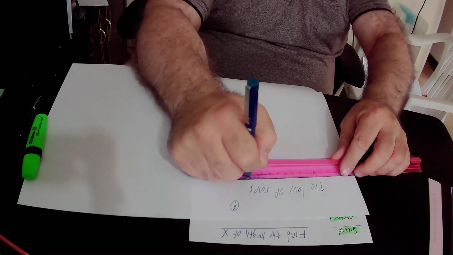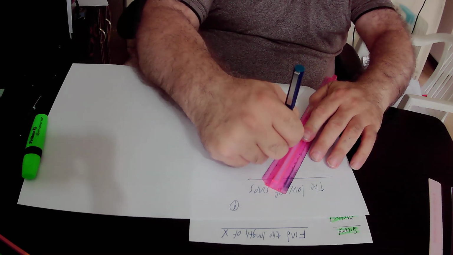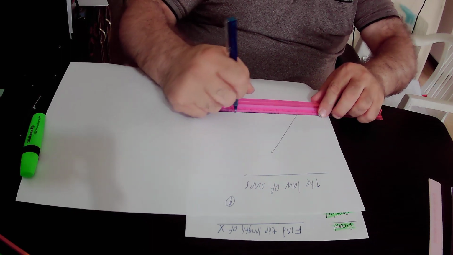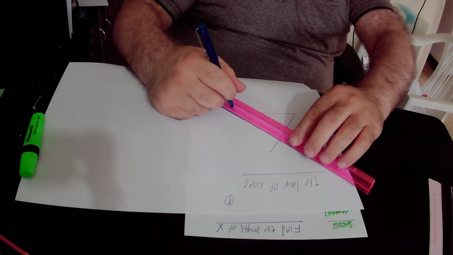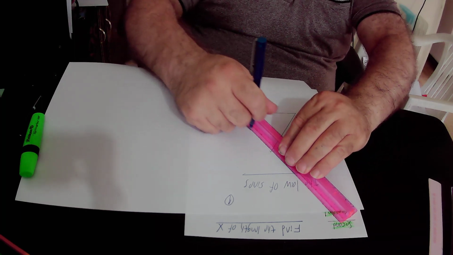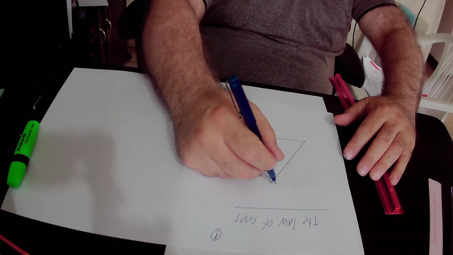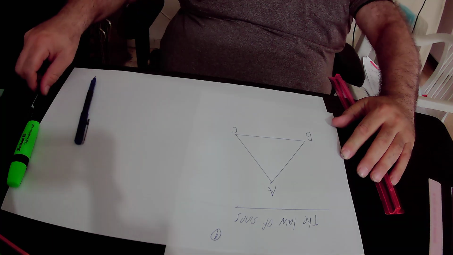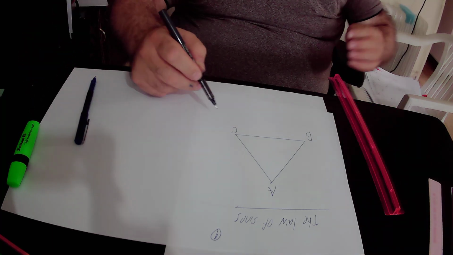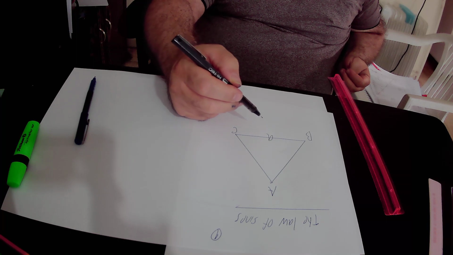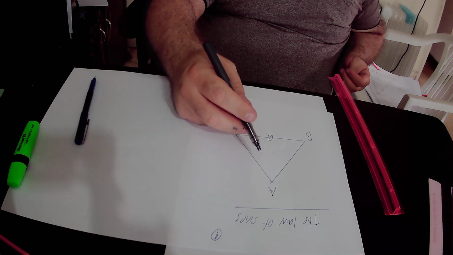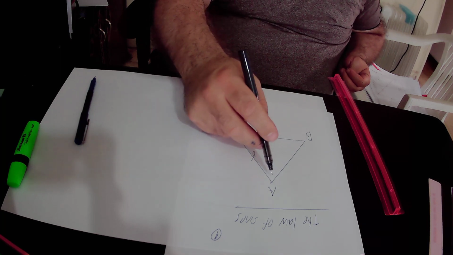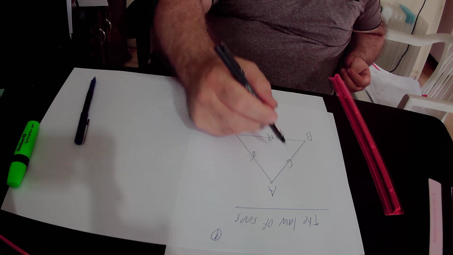So if we have triangle ABC, that could be any triangle, side BC equals A units in length, side AC equals B units in length, and side AB equals C units in length.